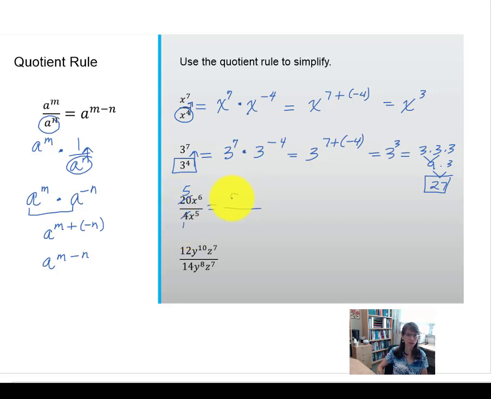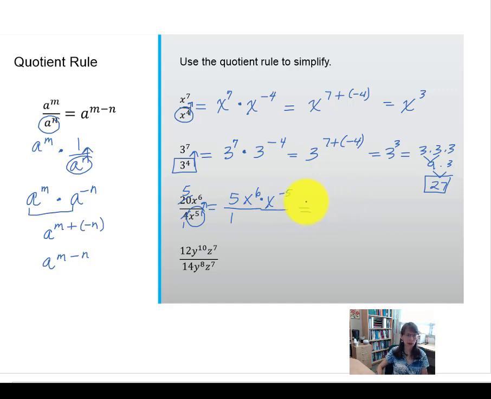So I know that 5 will be in the numerator, 1 will be in the denominator. Now I'll work with the variable bases. Well, x is our only variable. According to our quotient rule, I can take the term that's in the denominator and shift it up, and the exponent of +5 will be -5. So I had x to the 6th, but now I also have x to the -5th.